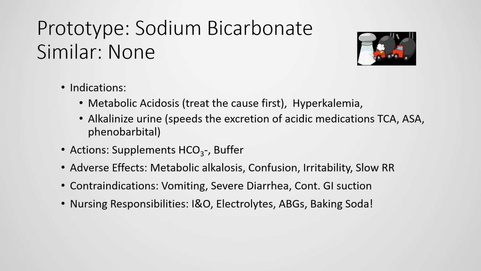And when you're hyperkalemic, your cardiac function, the electrical conduction in your heart, becomes very irregular, and you get dangerous arrhythmias with hyperkalemia. Okay, so an acidosis from any cause is very concerning, and we want to correct it quickly.